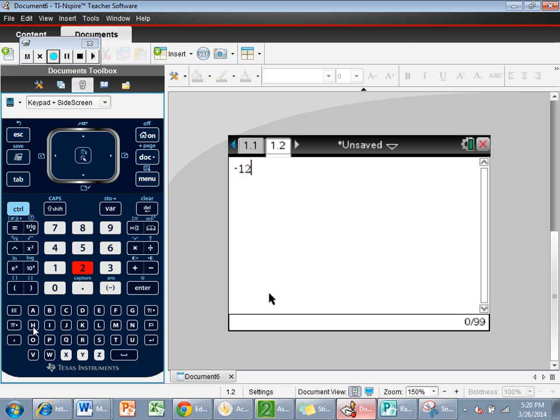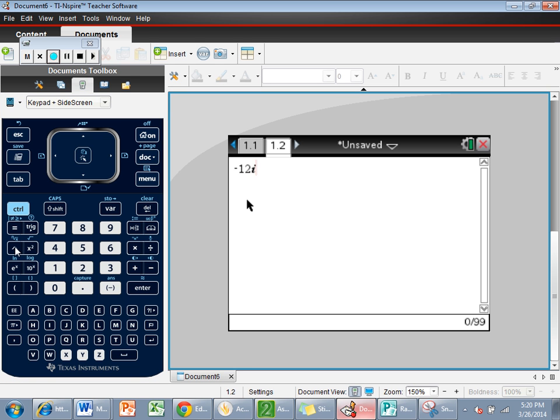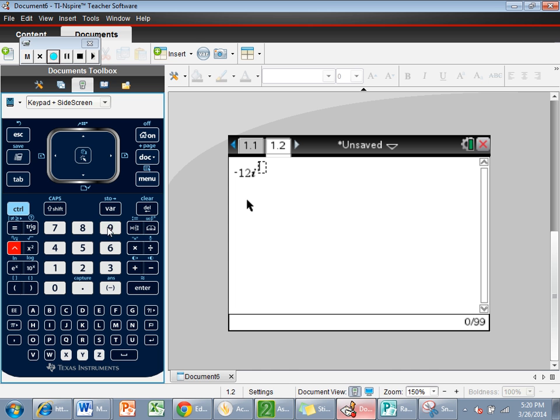I can't use the i alphabet down here. i to the power of 19, plus the square root of 25. And that gives me 5 plus 12i, which is exactly what I was looking for. So I know that that's a correct answer.